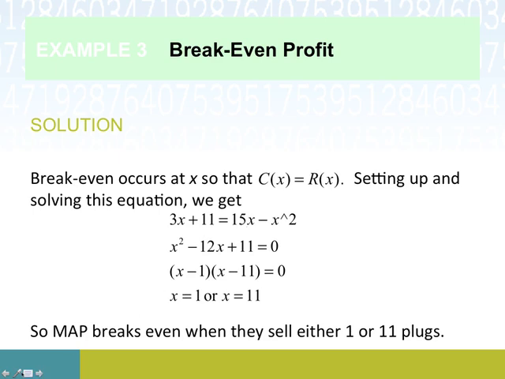For instance, you'll note that we have things in common, 15x on this side and 3x on the other. If we subtract 15x over, we can get ourselves just x terms on the left. And then we've got x squared, but keep in mind that the challenge we're facing here is we have x squared terms and regular old x terms. Those are not like terms.